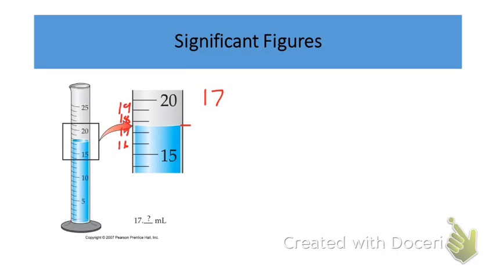Now, because it's in between 17 and 18, we're not really sure what that next digit is. So our next digit has to be our estimated digit. Because it's between 17 and 18, it's going to be a fraction or a decimal between 17 and 18.